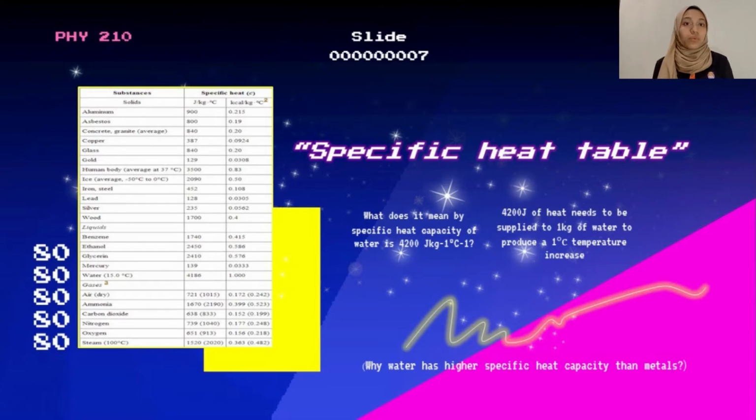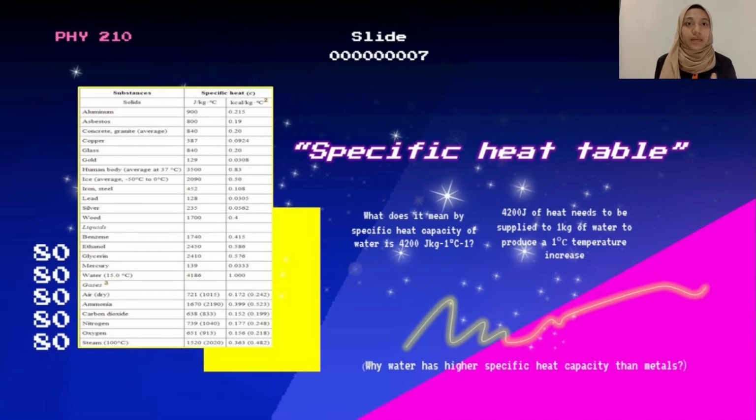For example, water. If the question asks what it means by specific heat capacity of water is 4,200 joule per kilogram Celsius, your answer would be 4,200 joule of heat needs to be supplied to 1 kilogram of water to produce a 1 degree Celsius temperature increase.